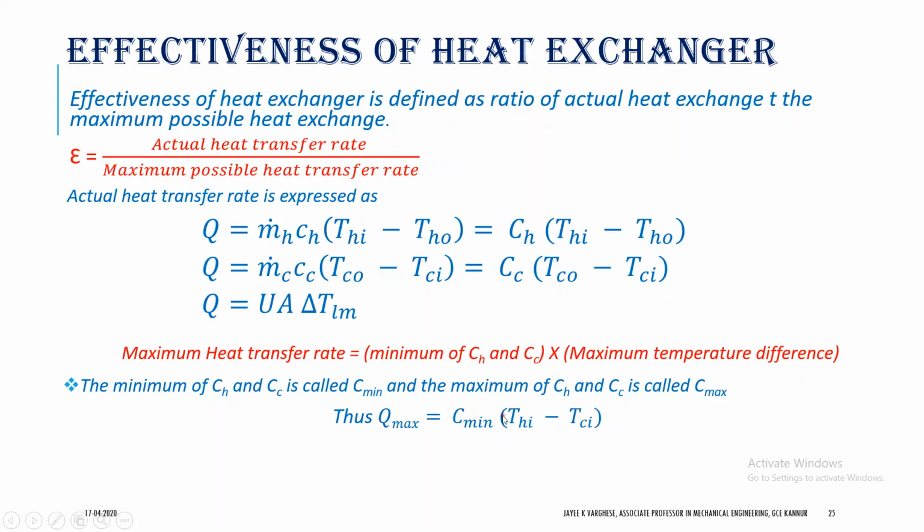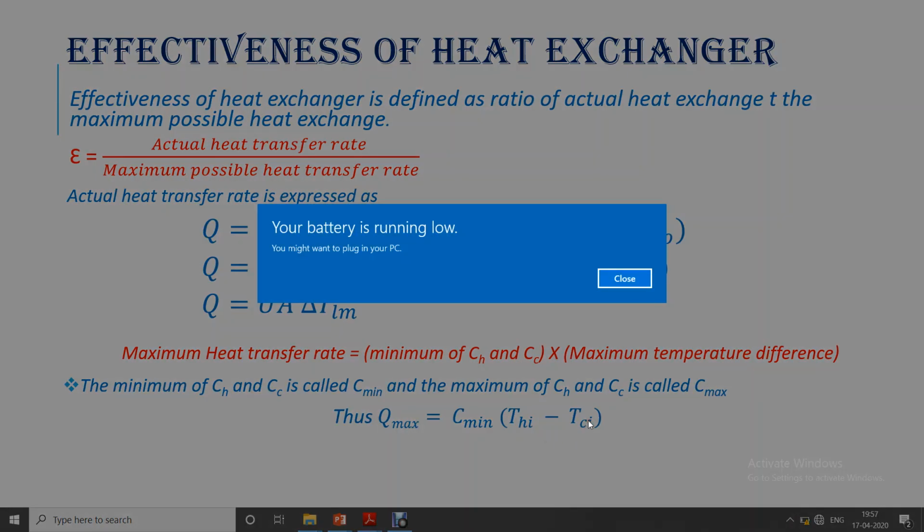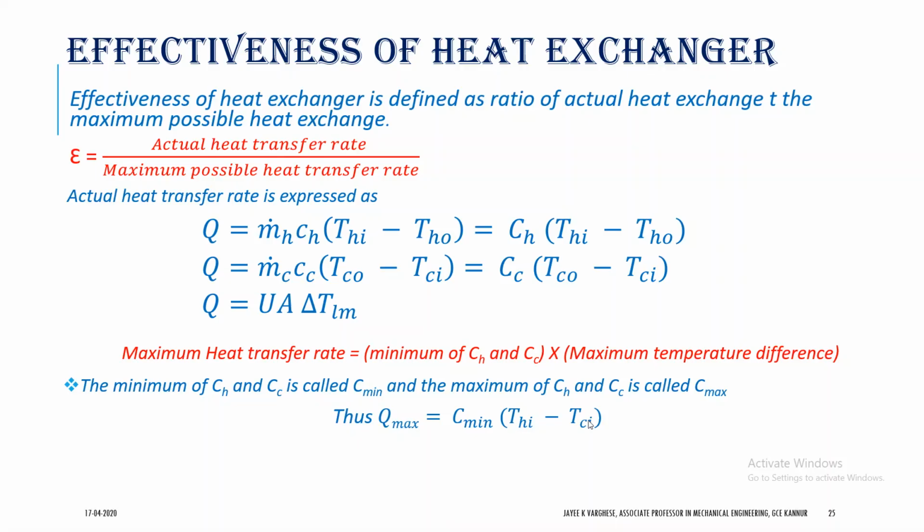The fortunate thing is that in all the cases, the temperatures at which hot fluid and cold fluid are admitted will be known. So the maximum possible heat transfer can be calculated if we know C min, the minimum of the heat capacities.